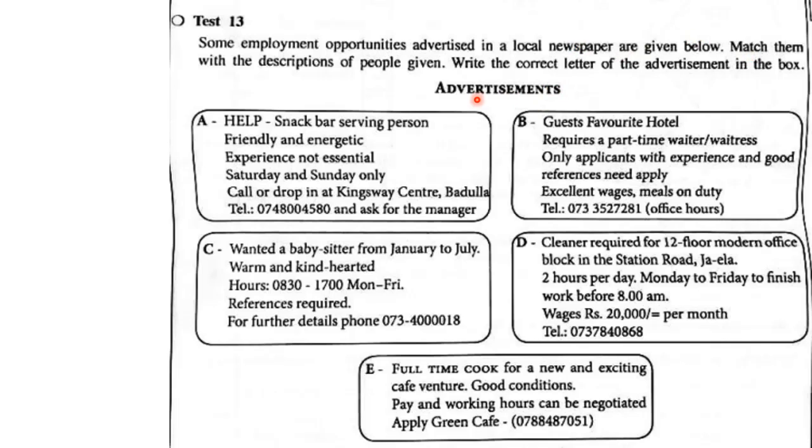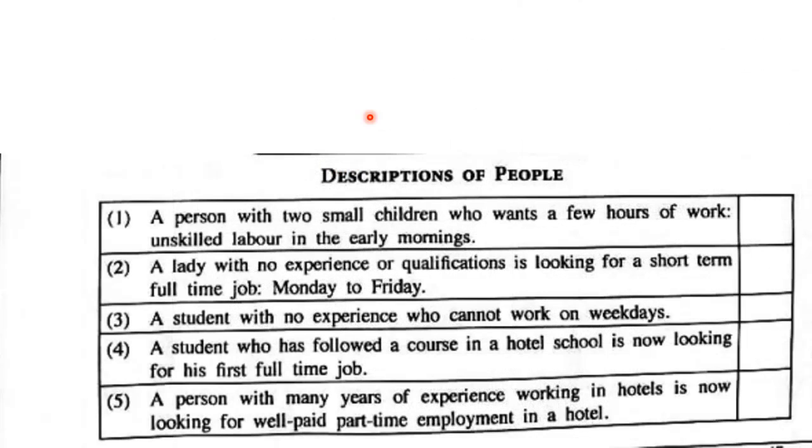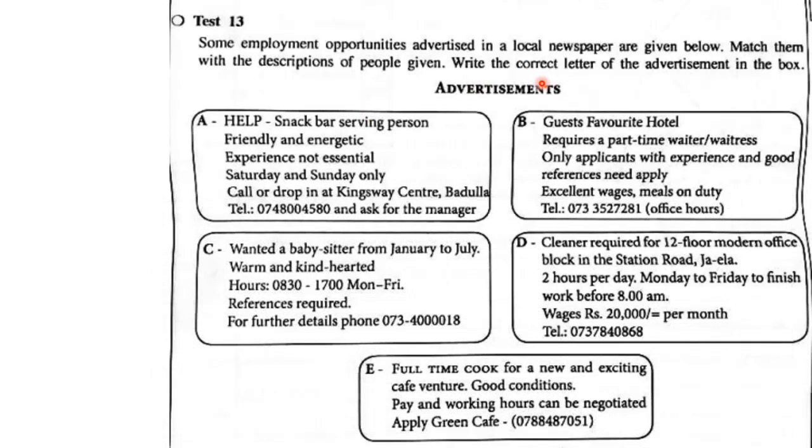Match them with the descriptions of people given. So you have to match this particular advertisement to the description of a person which is given somewhere here. Write the correct letter of the advertisement in the box.